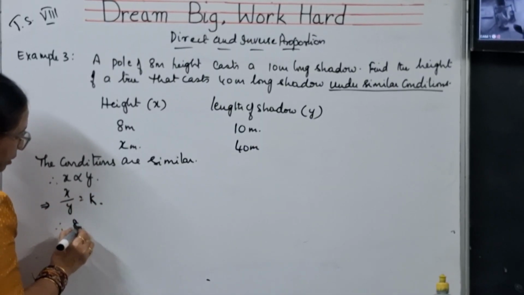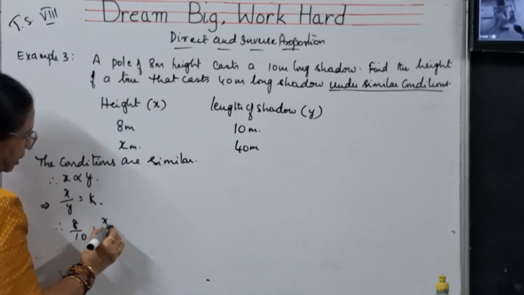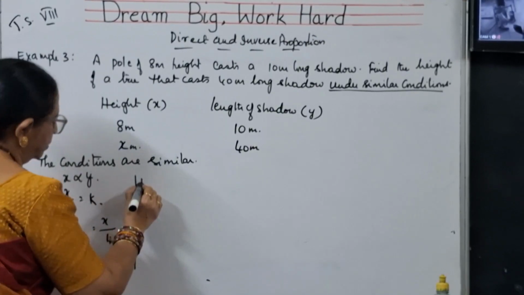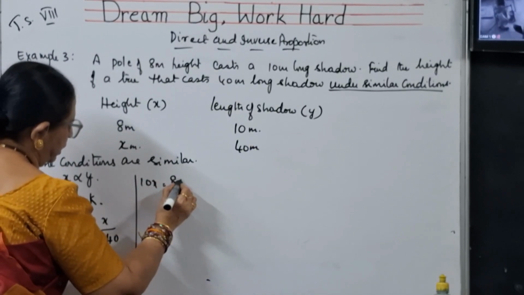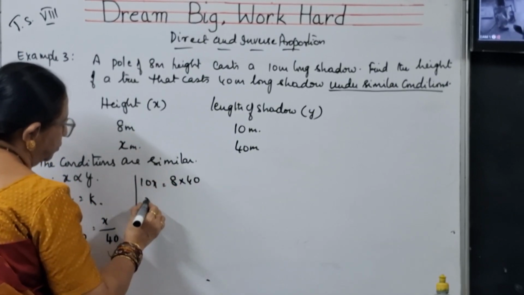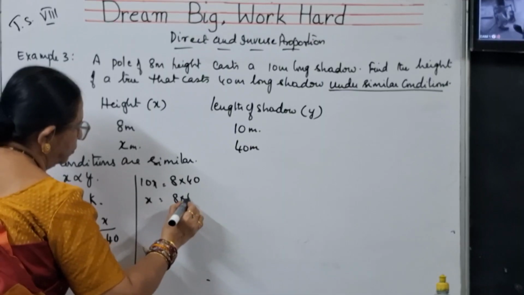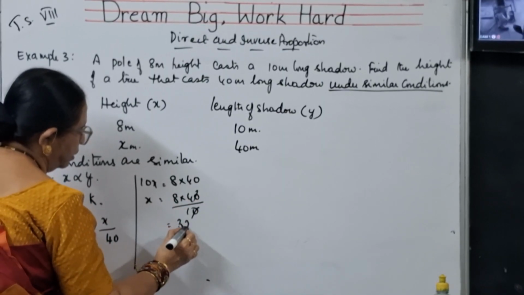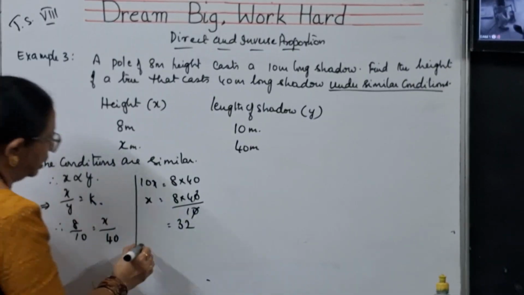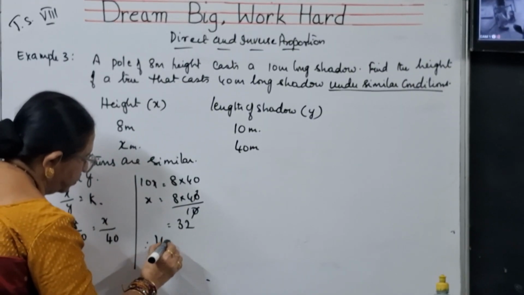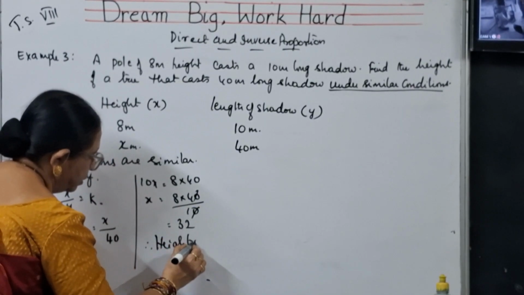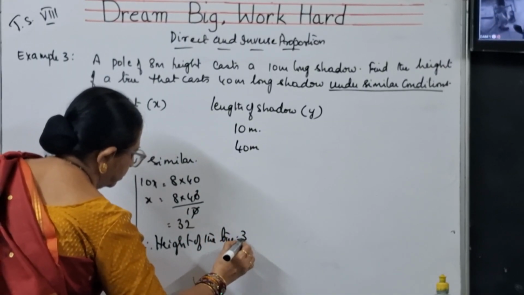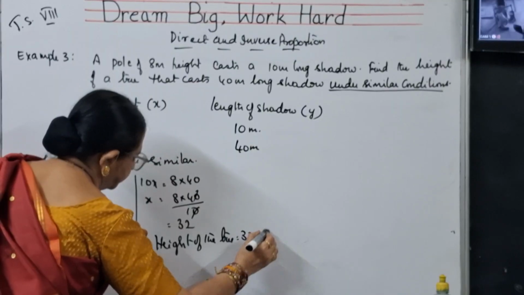That means 8 by 10 is equal to X by 40. That means 10X is equal to 8 into 40. So what is X? 8 into 40 by 10. The 0s will get cancelled. 32. Therefore, height of the tree is equal to 32 meters.